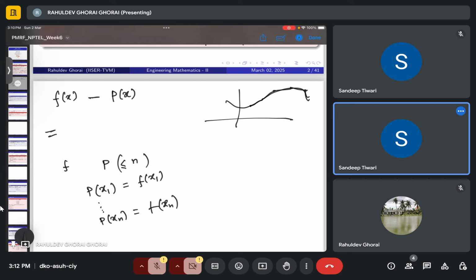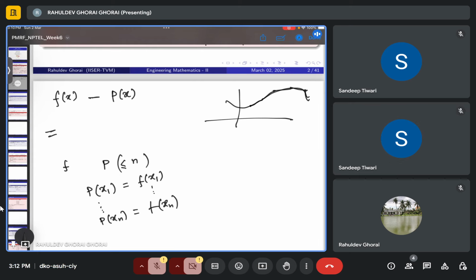Now we approximate by that polynomial p and find what the error is.